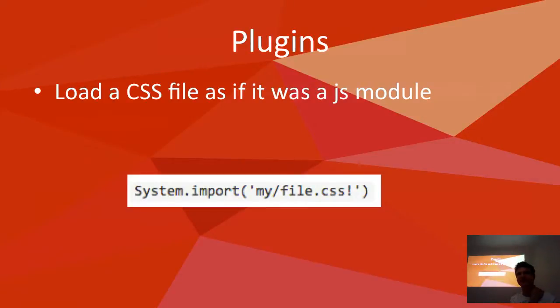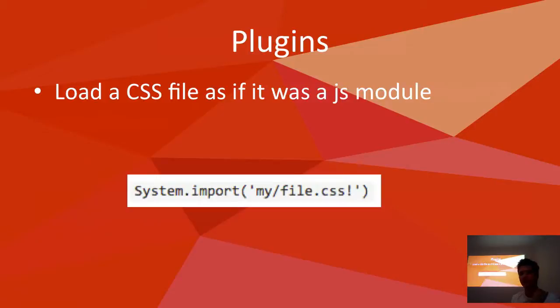Plugins. As I said before, it's pretty cool to load other things like CSS files with the module system syntax, or in this case with the loader syntax. So we can do that as well.